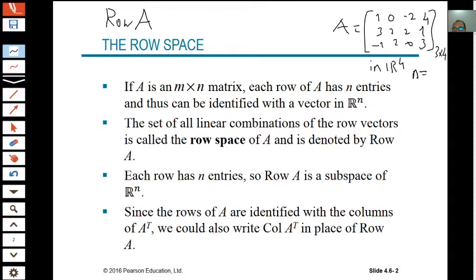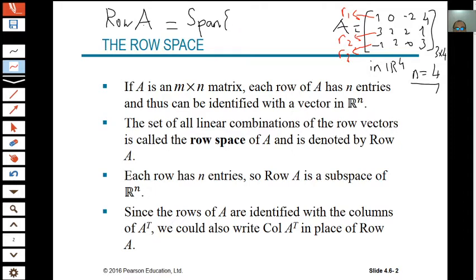Here n is equal to 4, and the row space of this matrix is the set spanned by the rows of the matrix A. Let's say the first row is R1, the second is R2, the third one is R3.